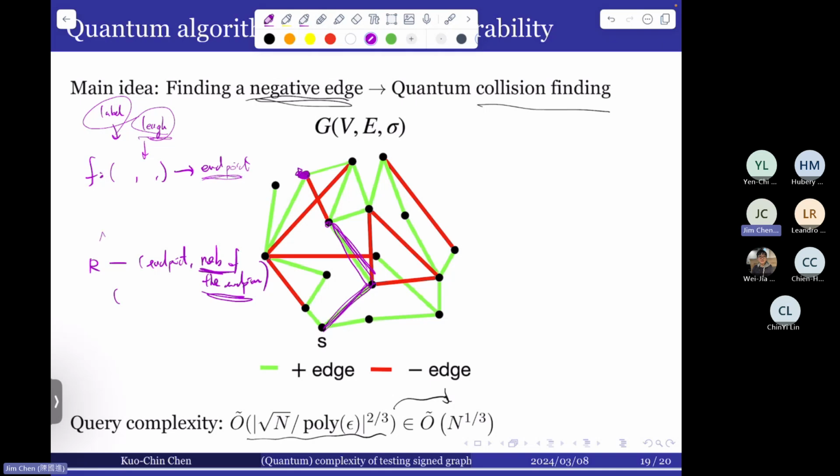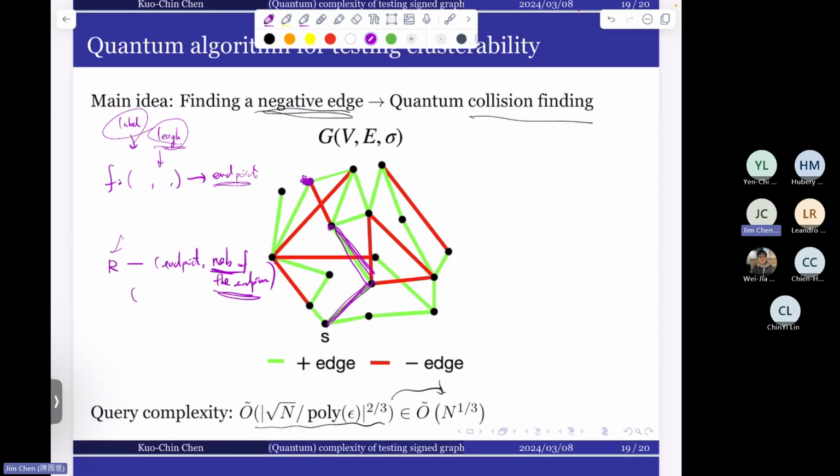We define such a relation: if the neighbor of an endpoint contains some vertex which is another endpoint of a certain random walk, then we call this the relation we find.